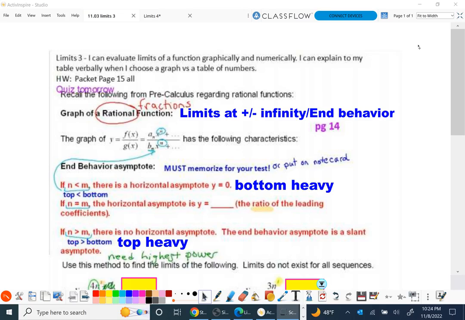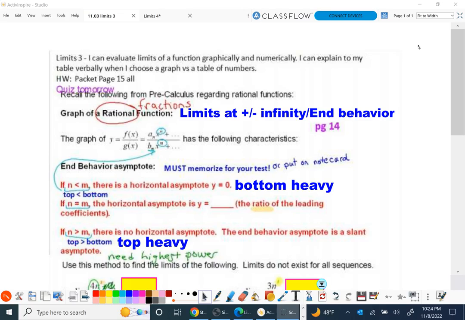When that happens, we say there's a horizontal asymptote. That asymptote is always going to be 0. And another way we talk about this type of relationship of the exponents is we say that the function is bottom heavy.